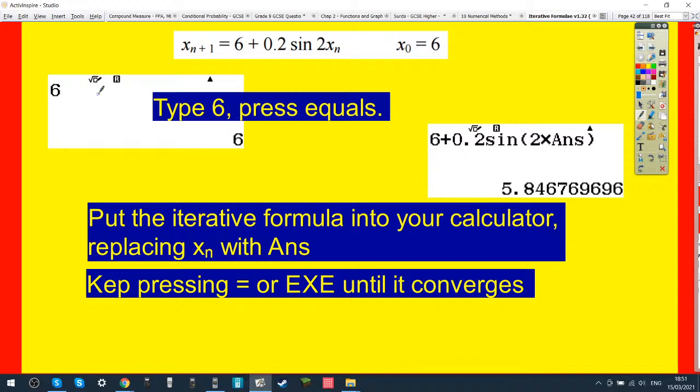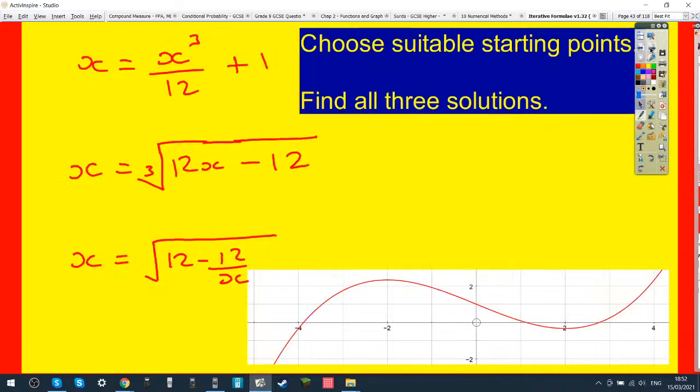For some reason, I'm getting like 6.04 and that kind of stuff. I'm in radians. You're in degrees, are you? Yeah. That's a bad example on my part. This is in my GCSE thing, but you can see how I brought it from A level because it's radians. Okay, find all 3 roots.